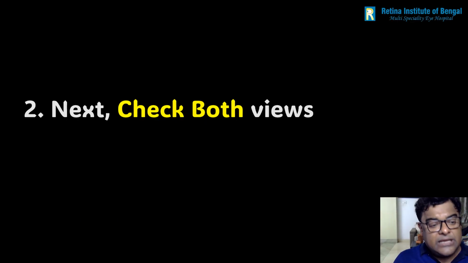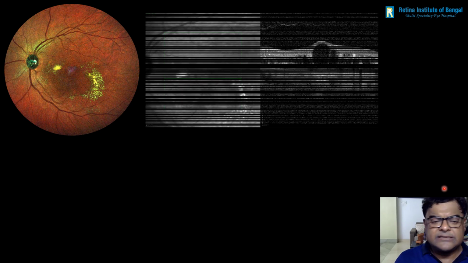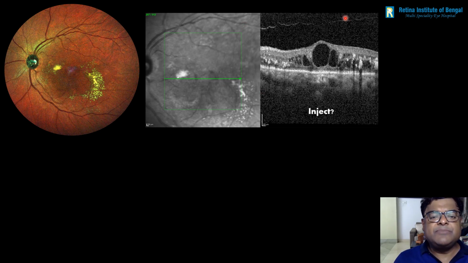So next, when you try to interpret OCT angiography, do not depend on one view. There are two views, the B scan and the on-face view. You have to always see both views. For example, this is a patient of a macular BRVO with a long-standing chronic cystoid macular edema. You look at the B scan, and you can clearly see there are cystic changes, and you may think, okay, let me go and inject.